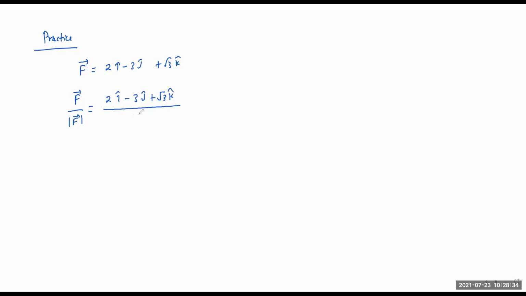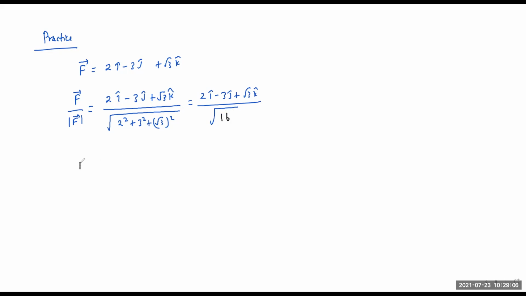The mod: root of 2 square, 3 square, and root 3 square. Can we simplify the root value? If you add all three, what will you get? Sir, the answer will be 4. Very good.